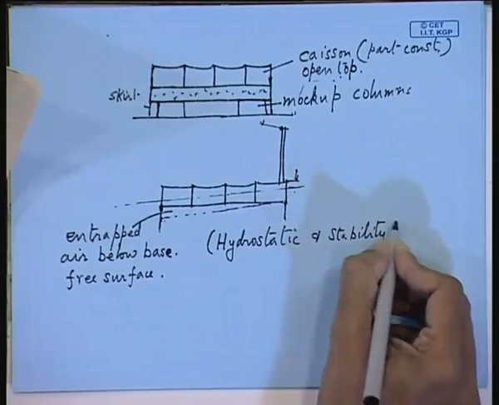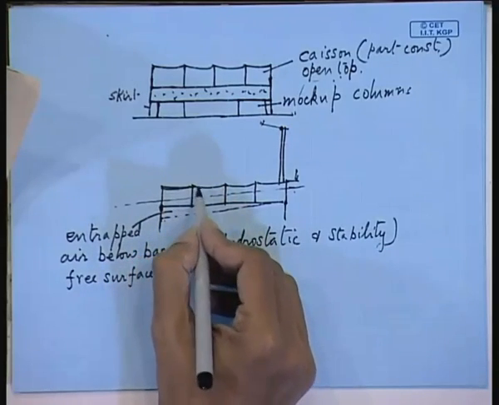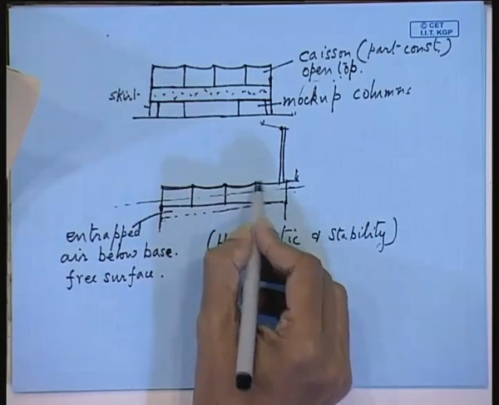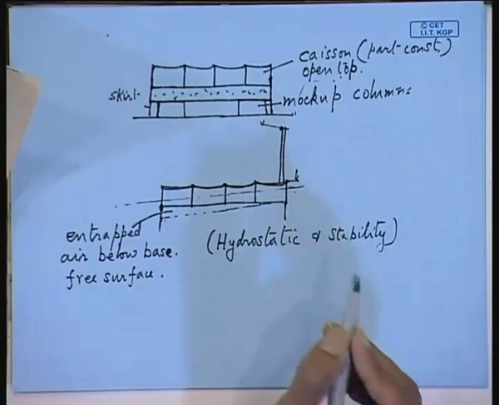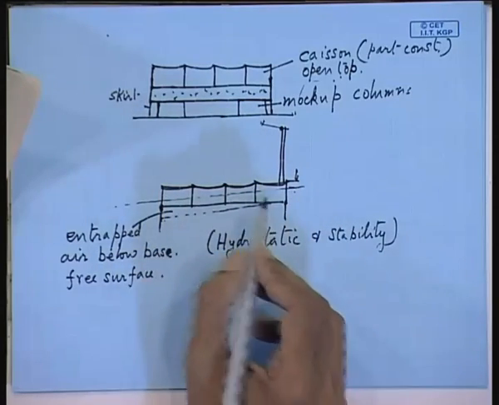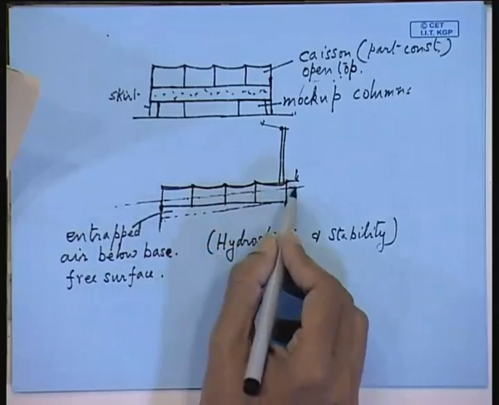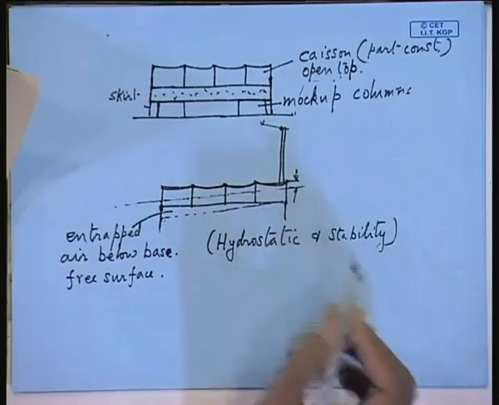Now remember, this is just like a ship without a deck. So the stability is given by what? Stability is always given by enclosed volume. You are not having any enclosed volume, but still this portion is going to contribute to buoyancy. So you calculate the minimum freeboard requirement.